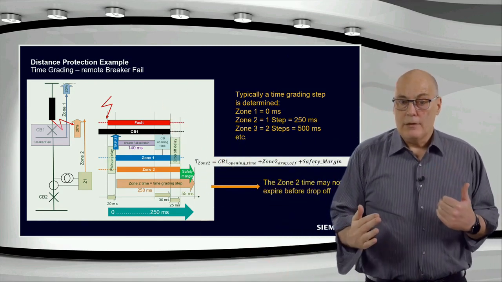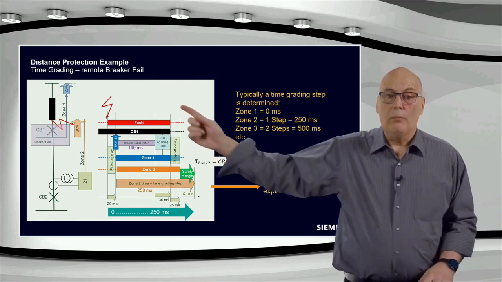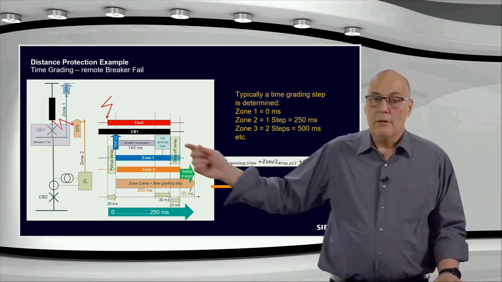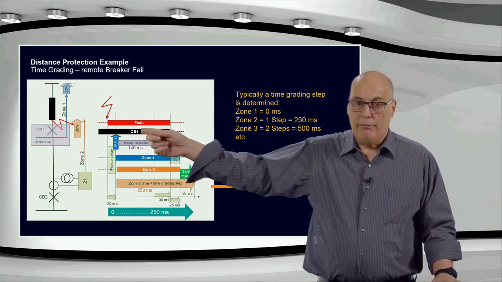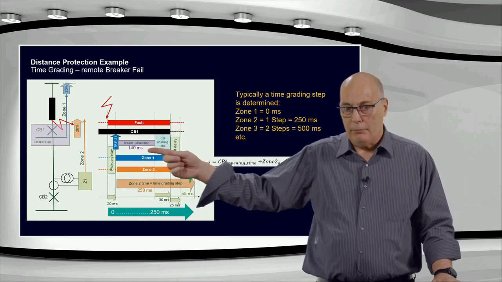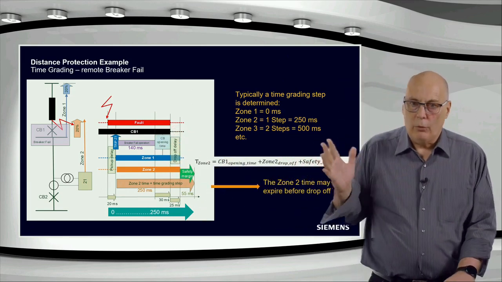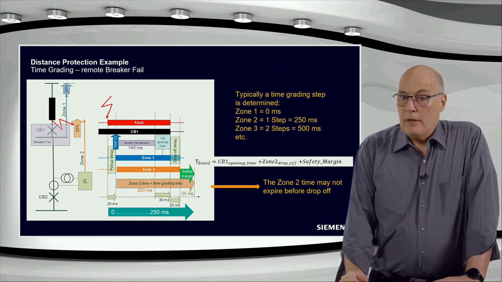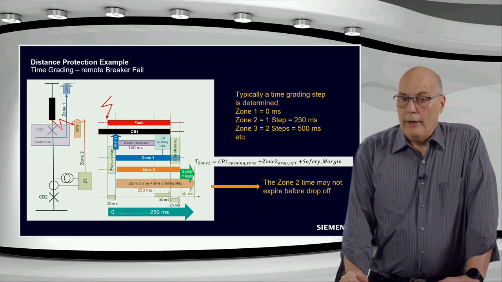It needs a certain time, because that local backup at the top must also be checked, so that it does not trip the bus bar, the breaker failure, before the zone 1 had chance to open the breaker. So there's a time grade, typically 120, 140 milliseconds. That's the typical breaker failure time, in which you allow that breaker at the top to clear.